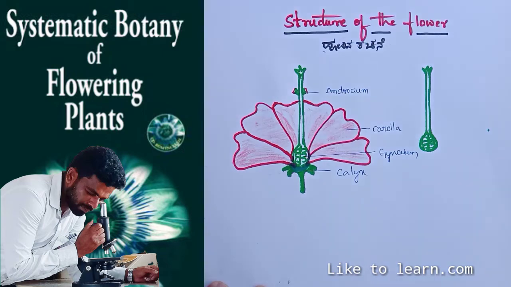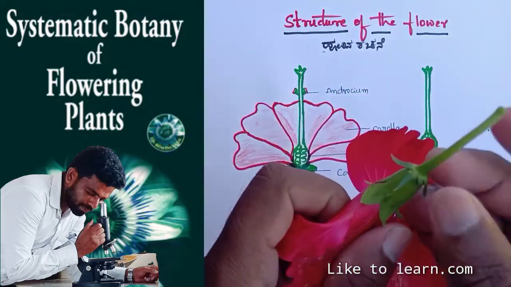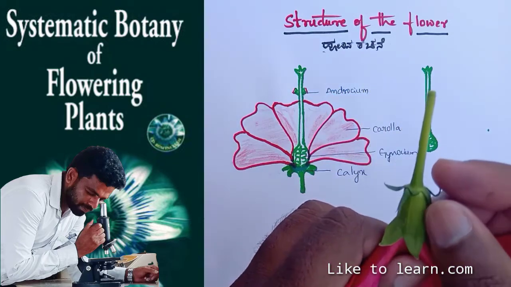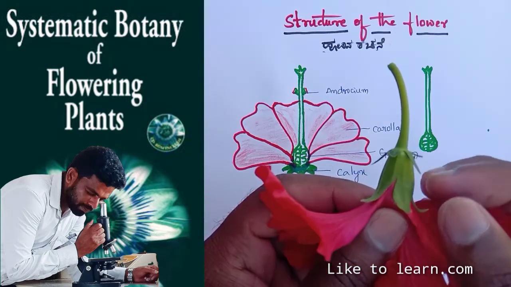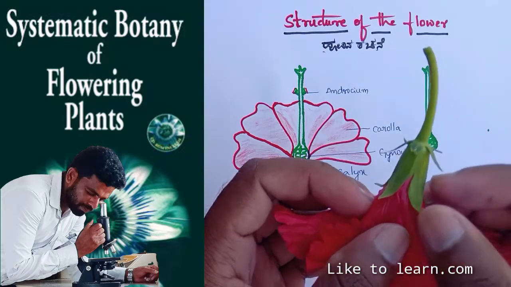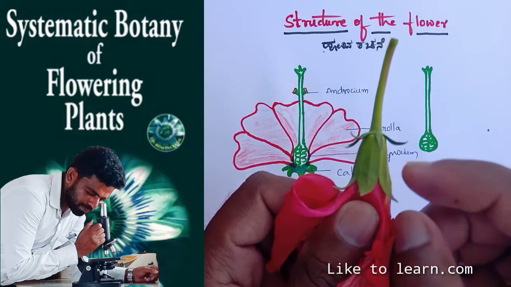See, we have to look at one flower. This is the flower. In this flower, we observe the bracteoles. This is the thalamus part. Above the thalamus part, you also observe whorls. See, this is the calyx part.